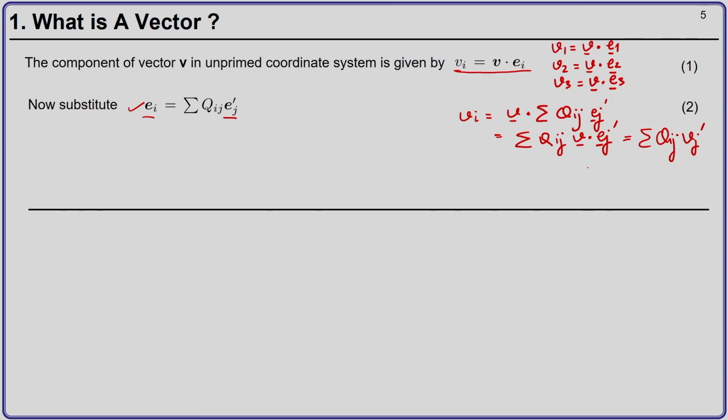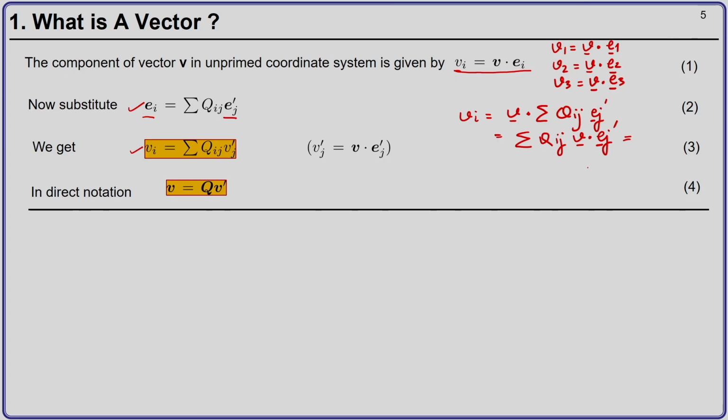Okay. So, this is what we get as part of our equation 3. So, we can relate the component of the vector in the unprimed system, which is vi, to the components of the vector in the primed system, which is vj dash.